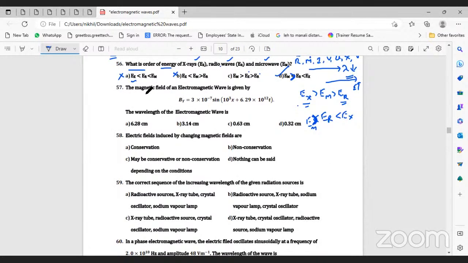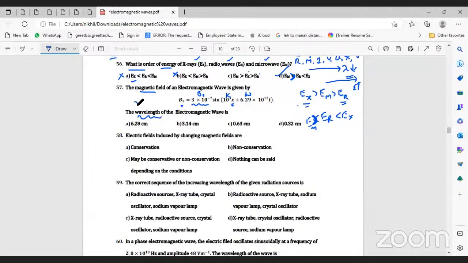Coming to this, the magnetic field of the electromagnetic wave is given by By, and this is X. Now, what is the equation for the magnetic field wave? This is B naught sine (kx minus omega t). What are they expecting you to find?